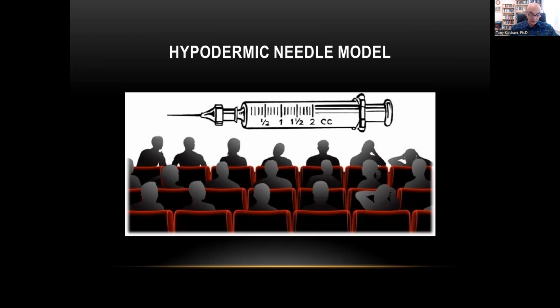Well, in summary, while the hypodermic needle model played a role in shaping early communication theory, it is now considered outdated and overly simplistic. Contemporary communication scholars emphasize the need to consider audience agency, individual differences, and the complex interplay of social factors in understanding media effect.